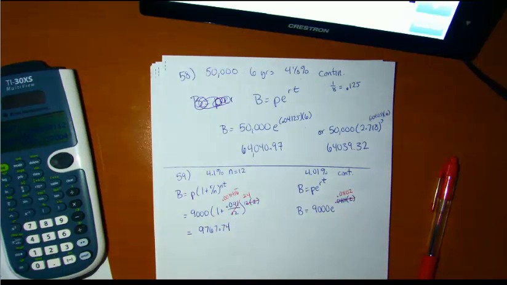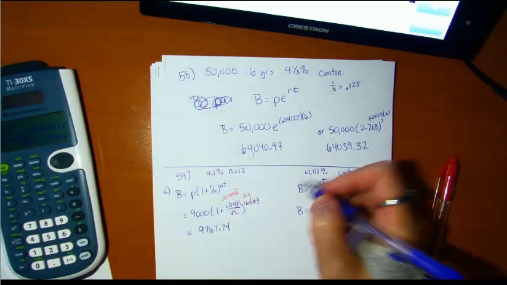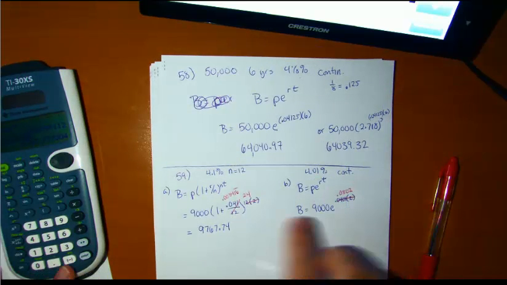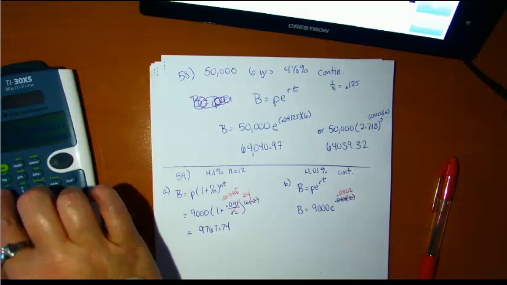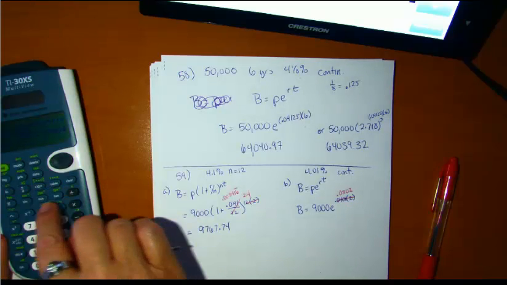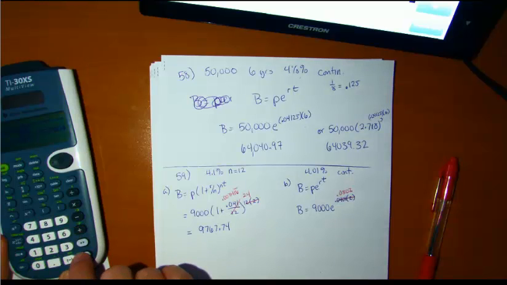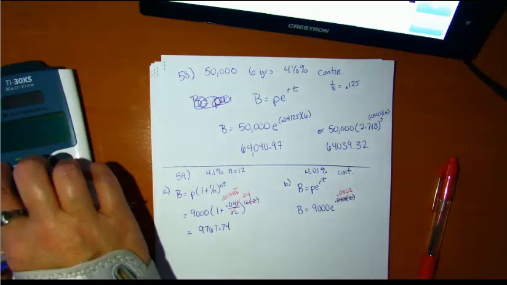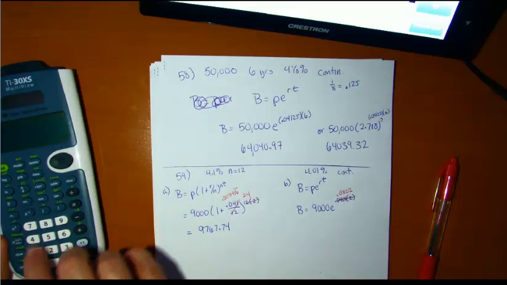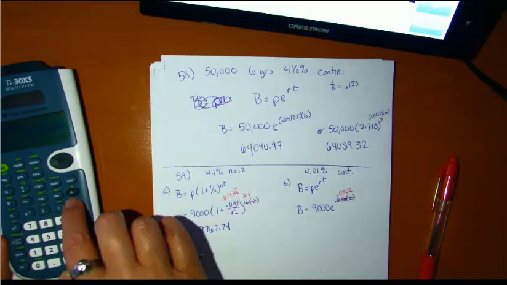Okay. That is State Bank. This is going to be King's Bank, so I'm going to use the E button, raise it to the power of 0.0802. Multiply it by 9,000.